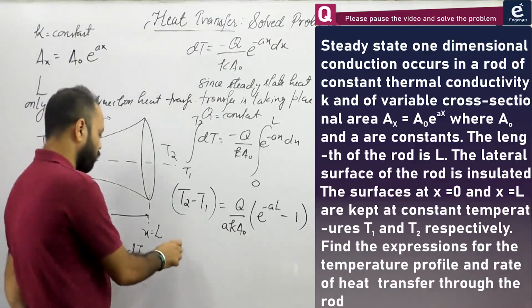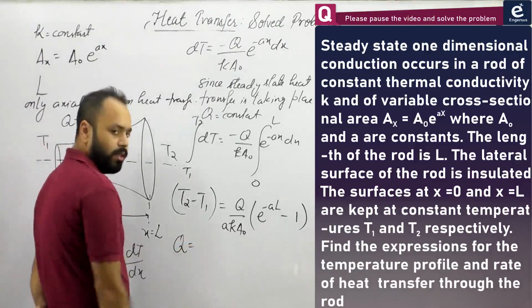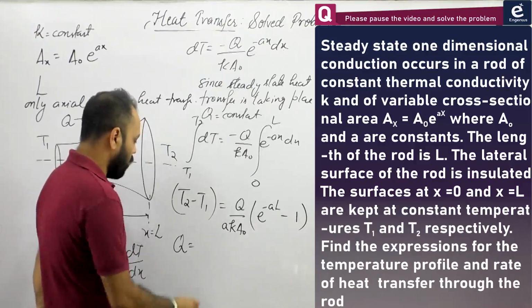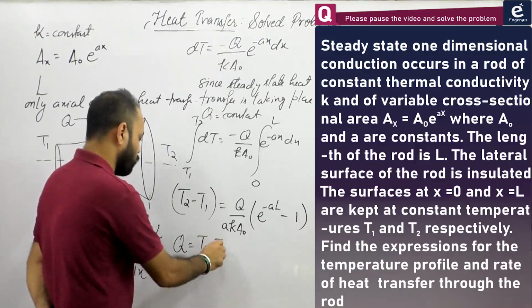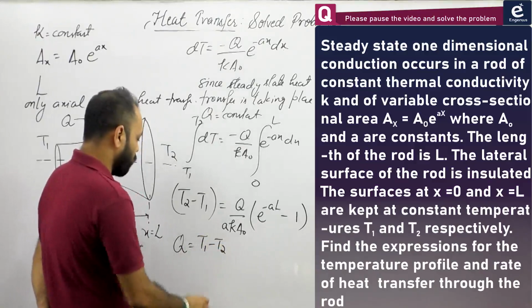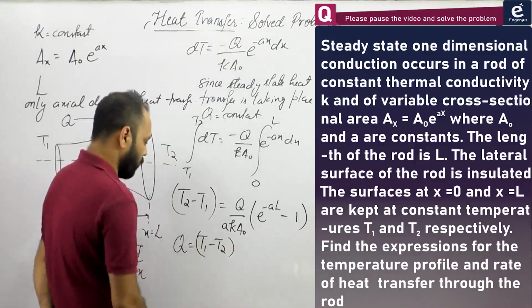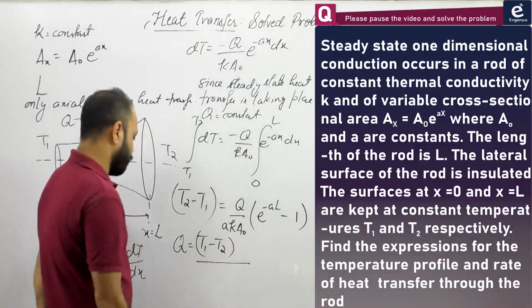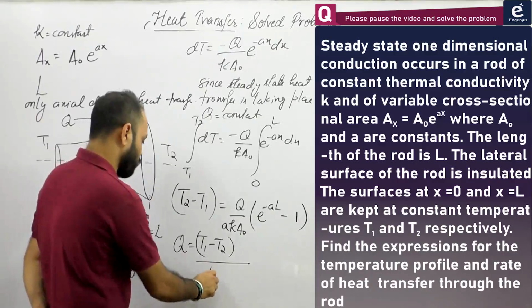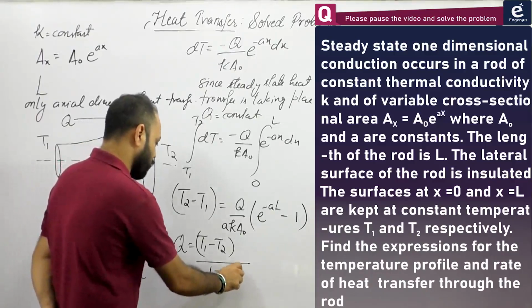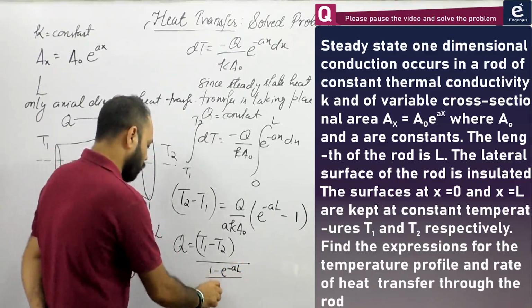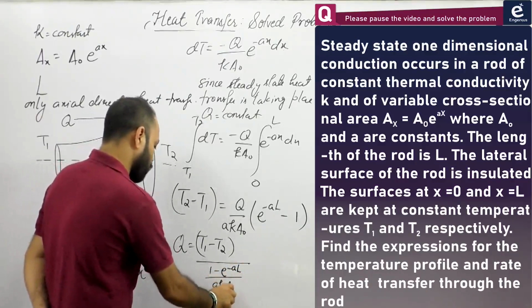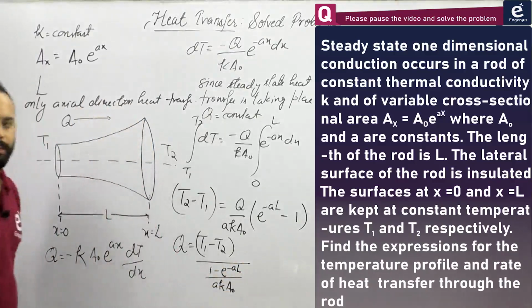That can also be written as, if I want to write this as a driving force by resistance, Q is equal to T1 minus T2 divided by 1 minus e raised to the power minus aL divided by a K A naught. That is the expression for capital Q.